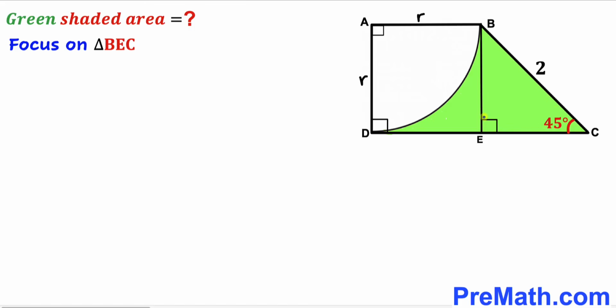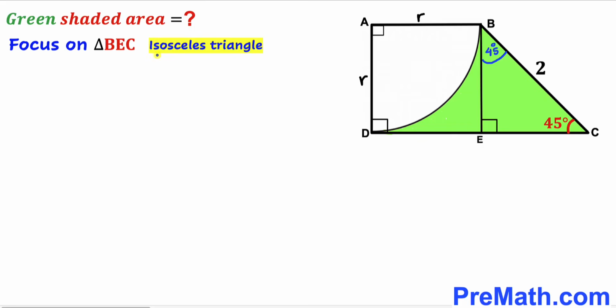And we know this angle is our 90 degree angle and this is our 45 degree angle. And we know the sum of the three interior angles in a right triangle is always 180 degrees. So therefore we conclude that this angle EBC has got to be a 45 degree angle.